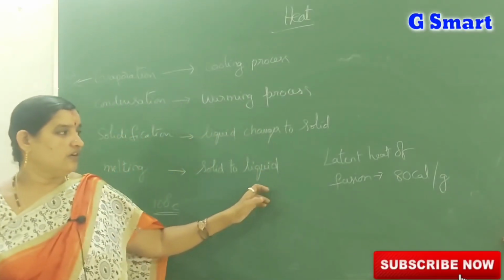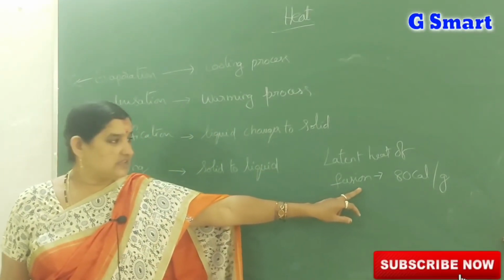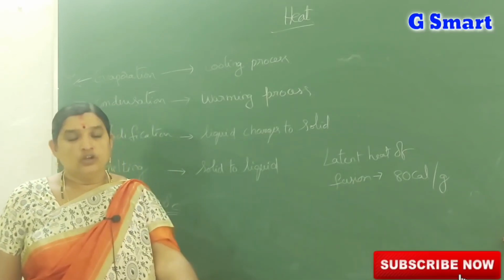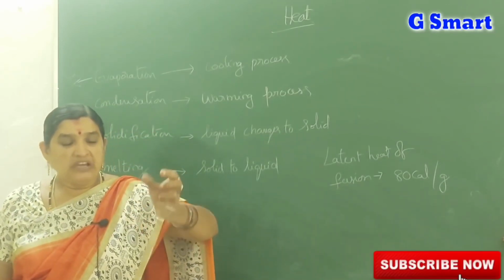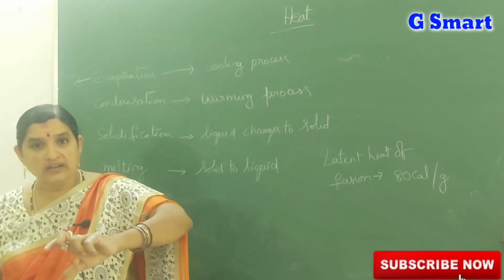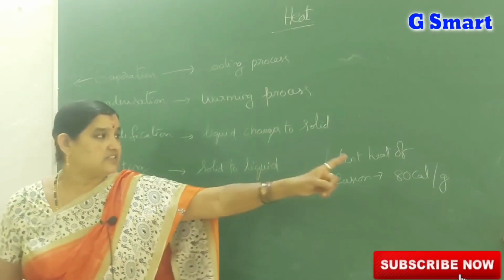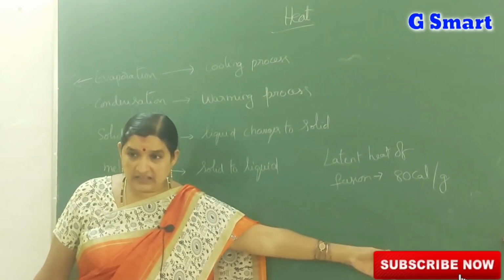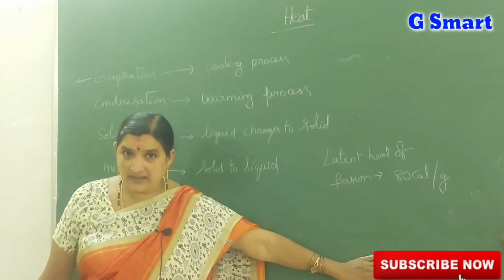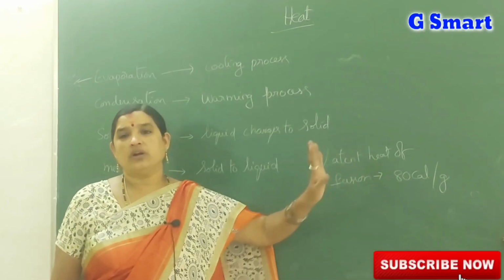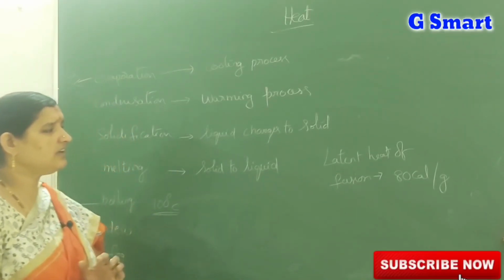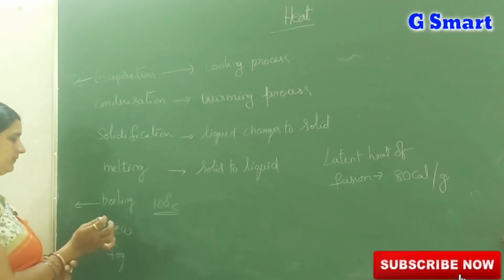What does it mean? For 1 gram of ice to completely change its state to water, the required heat energy is 80 calories. If you give 80 calories to 1 gram of ice, it completely becomes water without raising its temperature. That is called latent heat of fusion.